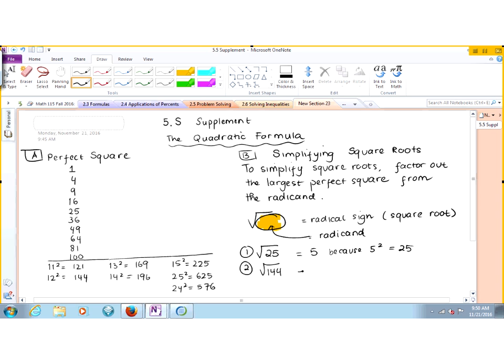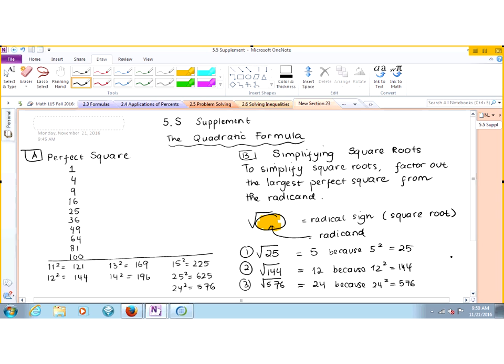What is the square root of 144? 12. Why? Because 12 squared is 144. What is the square root of 576? 24. Why? Because 24 squared is 576.